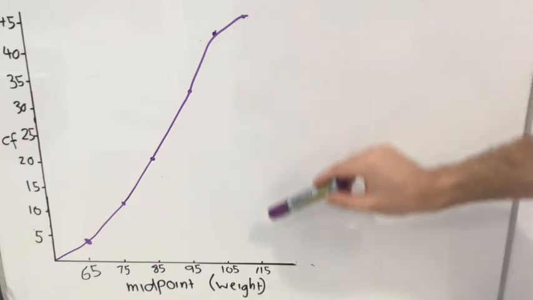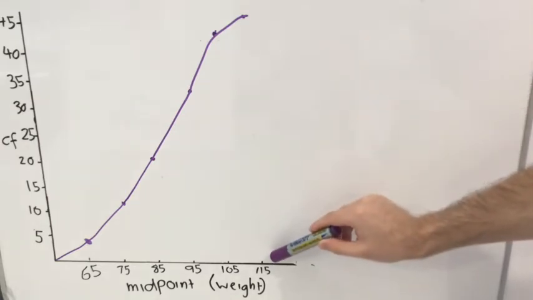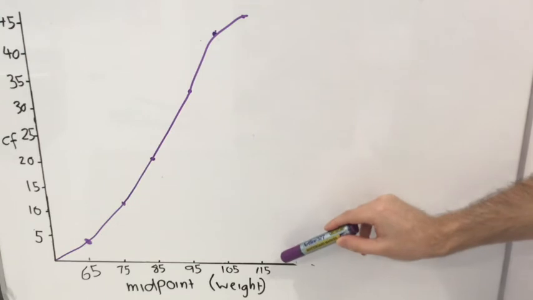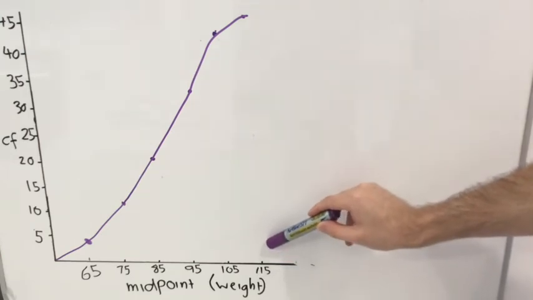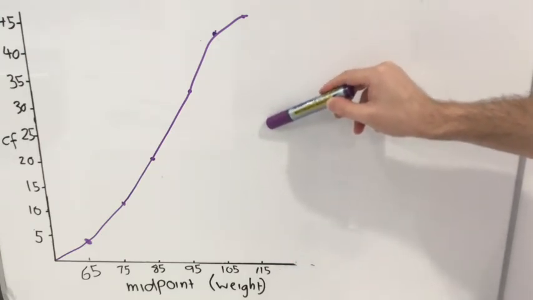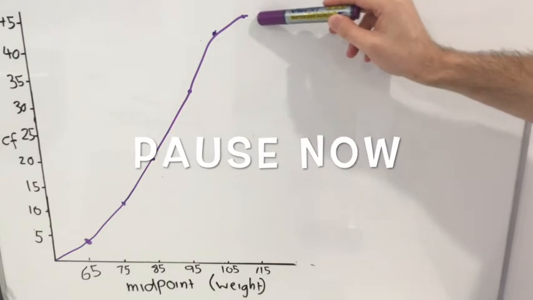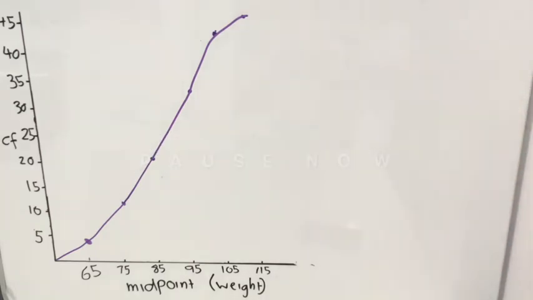Start from the bottom, it doesn't really matter how far across you do it, and make the line exactly the same height as where that last dot is. Do that now. Okay, like that, see it stops at exactly the same point where that dot stops.